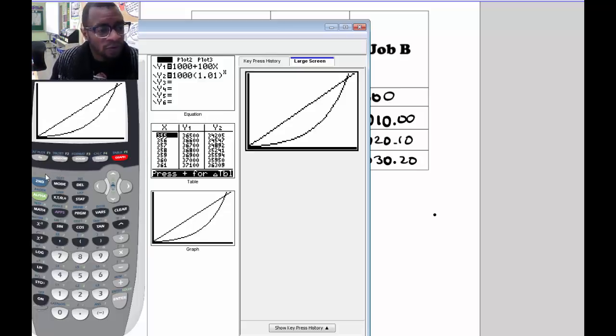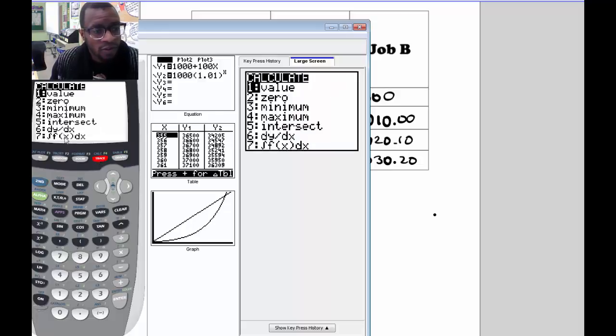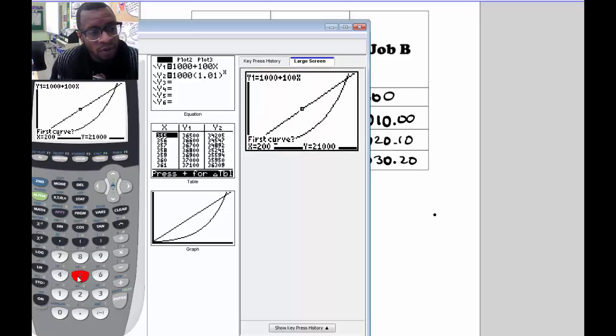All right, so remember to find the intersection of these two functions, we're going to hit second trace, which gives us the calculate menu, and then we want option 5 to find the intersection. They're going to ask you your first curve, you press enter, your second curve, and then a guess.